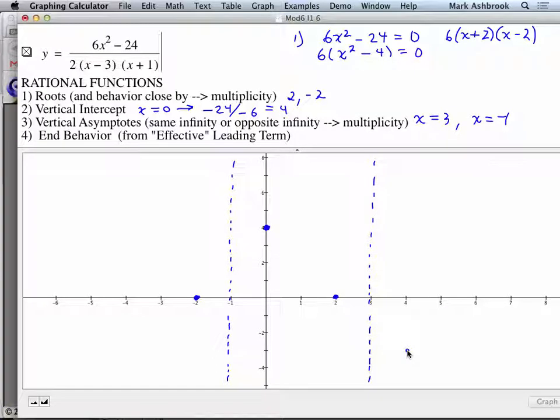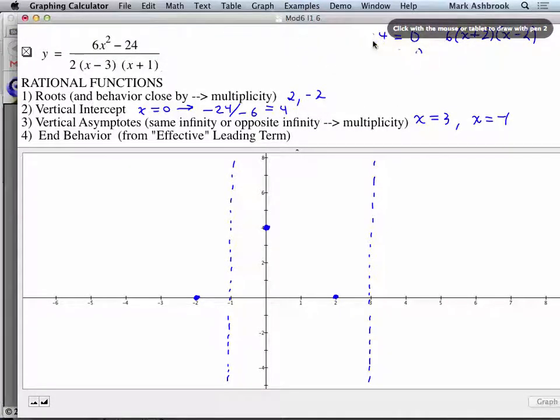Okay? All right, so the last piece of the puzzle here is end behavior. So how did we find end behavior for a polynomial? Leading term, Omar says, right? So this function doesn't have a leading term. Really, there's two polynomials, so it has two leading terms.